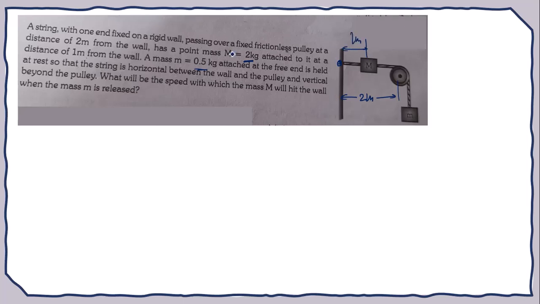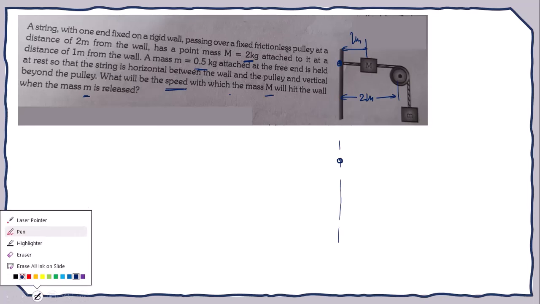Once the system is released, you are asked to calculate the speed with which the capital M will hit the wall when the small m is released. Ultimately, if I see the final diagram, this is the fixed point where the rope is fixed.